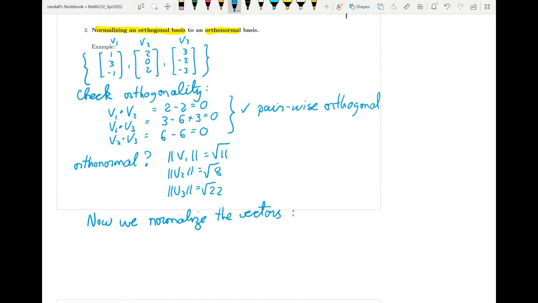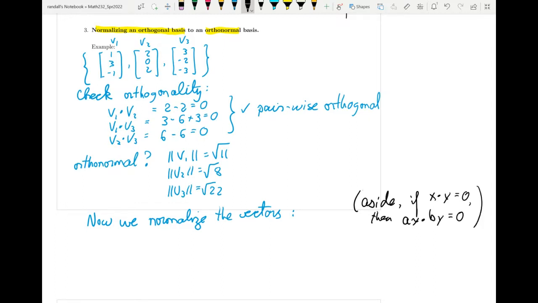Okay, so now notice I'm going to multiply these three vectors by a scalar so that the norm of the new vector is 1. And I hope you notice that if I multiply vectors by scalars, I don't change their orthogonality. So as an aside, if x dot y equals 0, then ax dot by also equals 0.